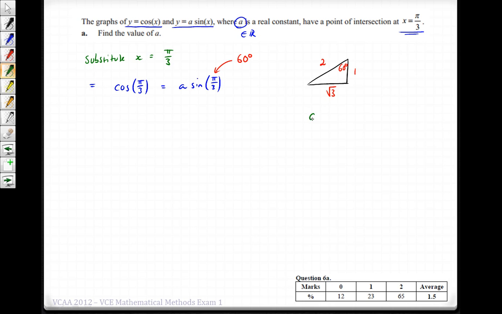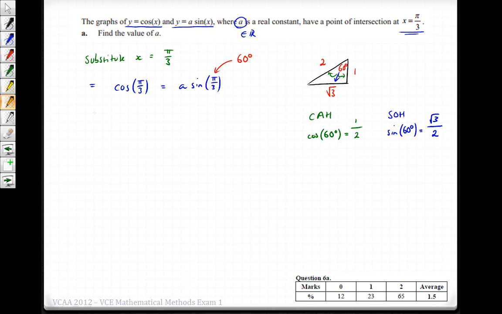So cos is CAH, so cos of 60 degrees equals the adjacent, 1, divided by the hypotenuse of 2, so hypotenuse is that guy, and then sine is given by sine of 60 degrees equals the opposite root 3 on the hypotenuse of 2.